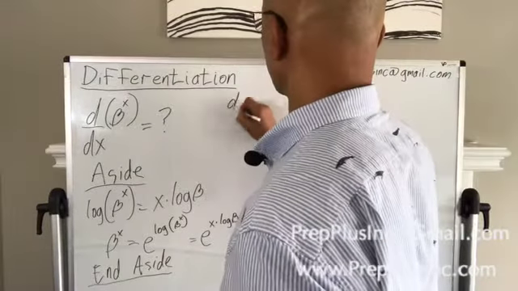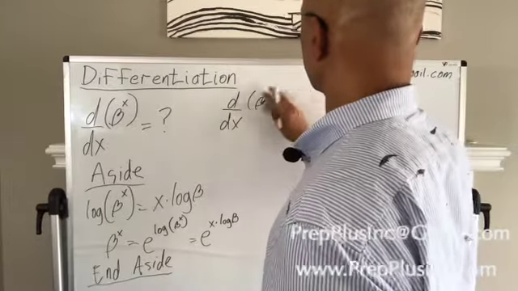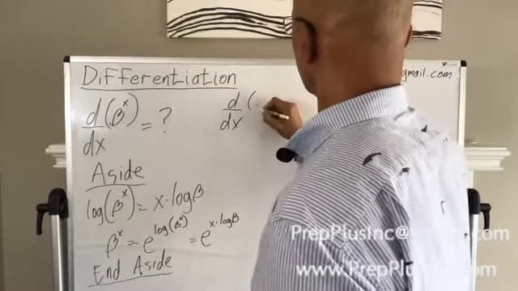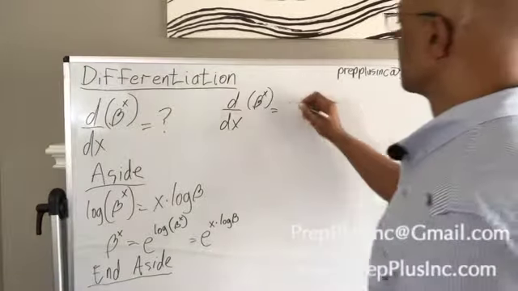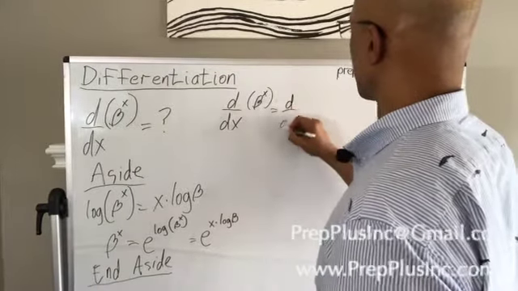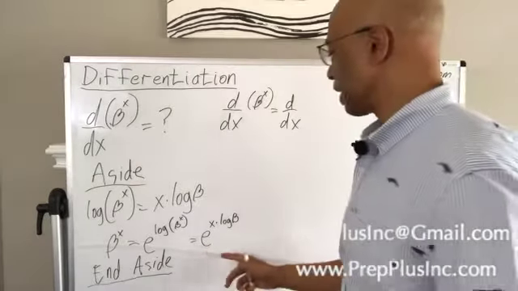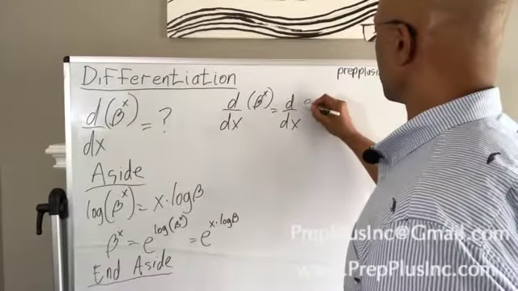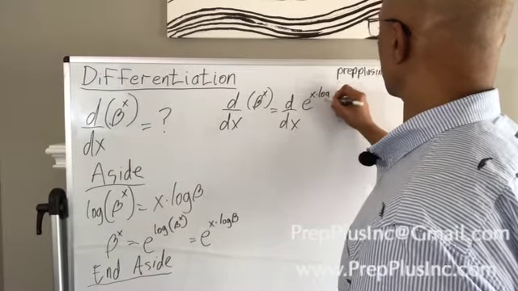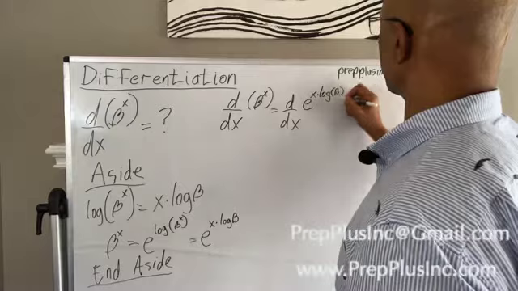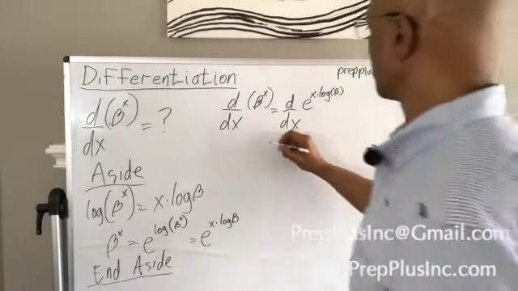So d by dx of beta to the x is d by dx, well, we just rewrote beta to the x, e to the x times log of beta. All right, let's just keep going.